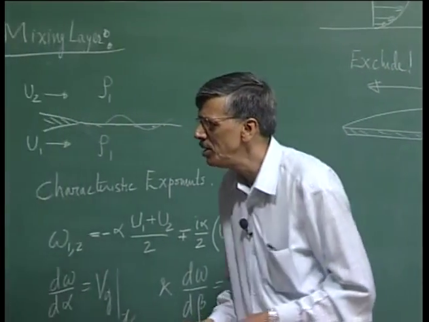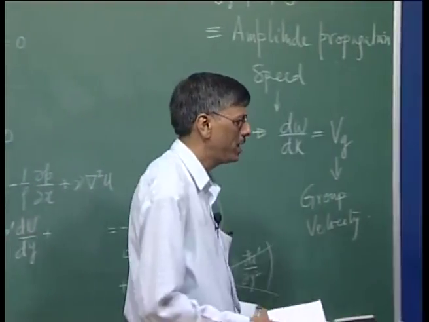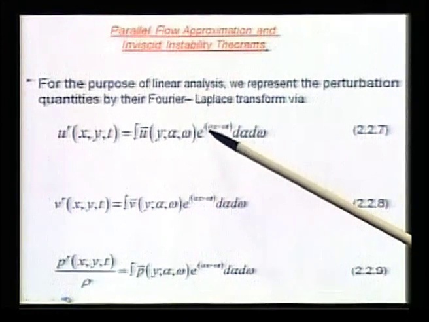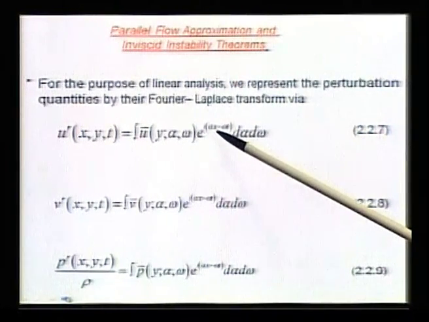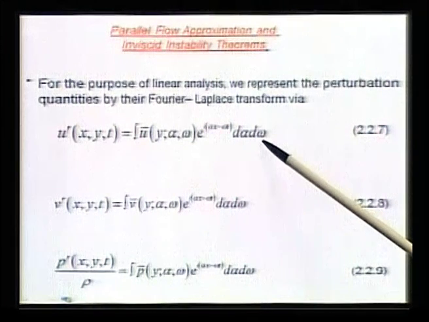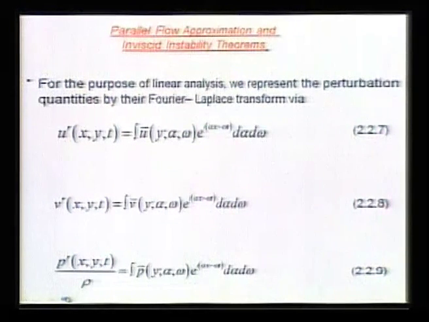For example, u prime, I will write it as a Fourier-Laplace amplitude that we have indicated by u bar, and then the phase part e to the power i(alpha x minus omega t), and they have to be integrated over all possible alpha and omega. So, it is basically a double integral, right.